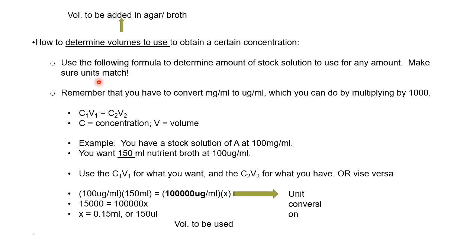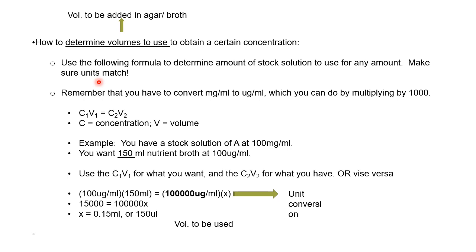Okay, so this is the formula which we will use, and one point to remember here is your units should match. Your whole calculation should be done either in mg per ml or in μg per ml. So depending on what you have, you need to make some conversions for units to match.